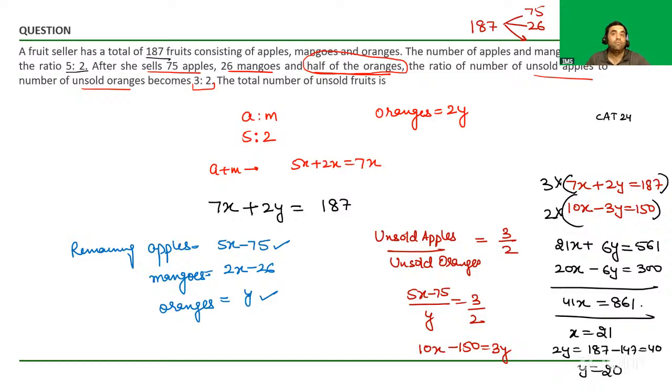And once I know the value of y, which is 20, that means the total number of fruits which are sold is going to be nothing but 121. So therefore, unsold will be nothing but 187 minus 121, which is 66. That is going to be my answer to this question. Please observe it.